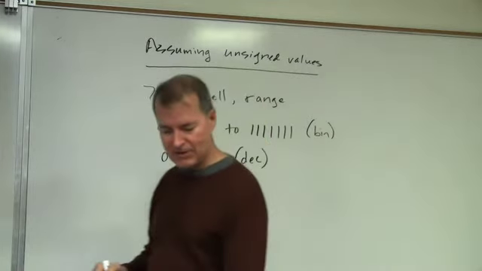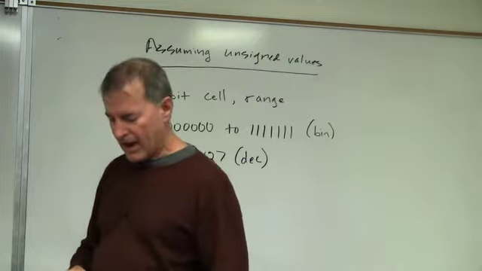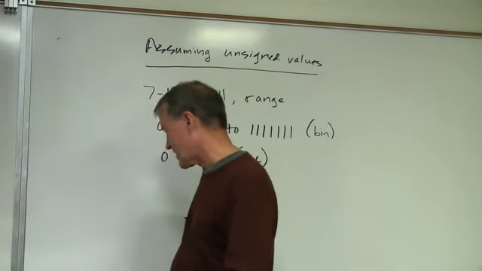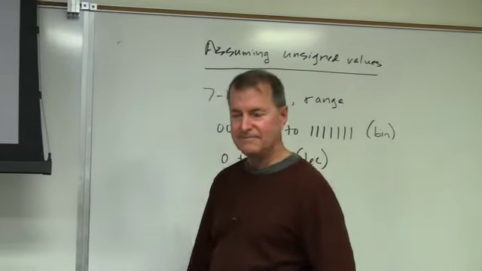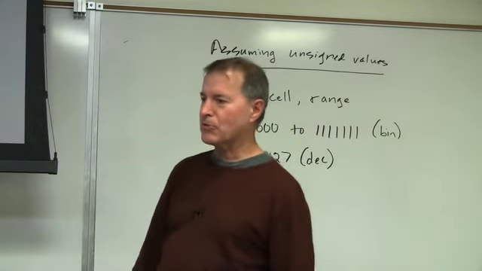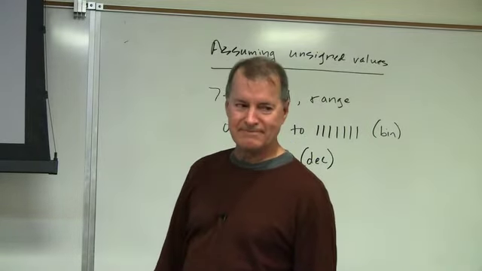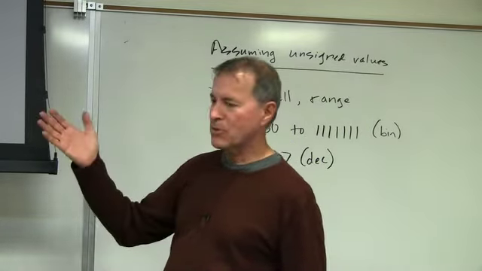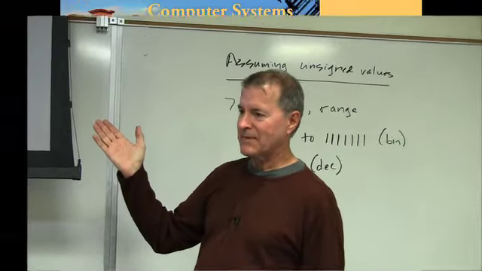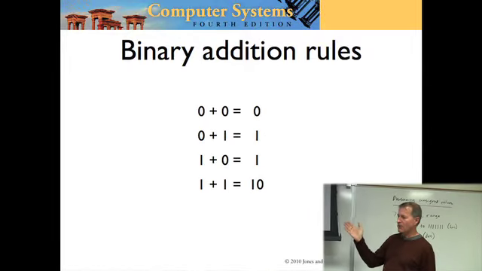Now, the next thing we have to understand is how to add. So what are the rules for binary addition? Well, 0 plus 0 is 0. 0 plus 1 is 1. 1 plus 0 is 1. But what's 1 plus 1?